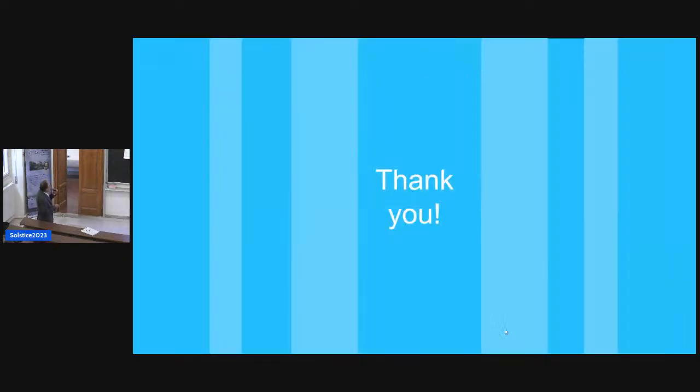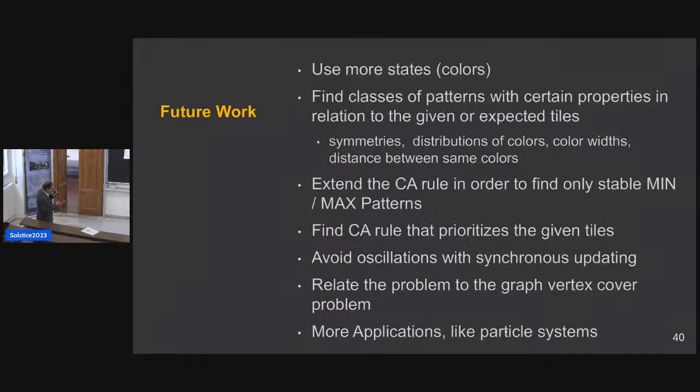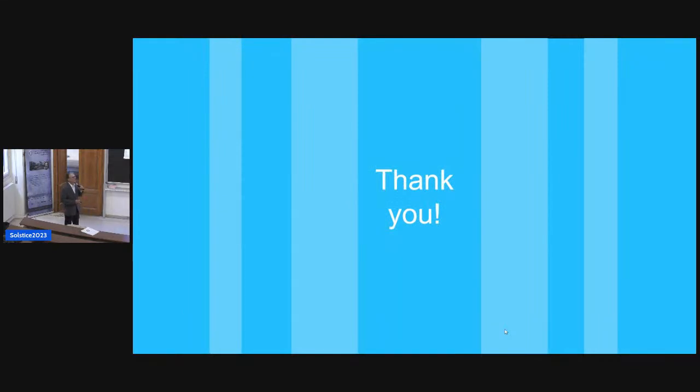And we can avoid oscillations. It relates the problem to the graph vertex cover problem, or we can try to use it to model particle systems. Thank you very much for your attention.